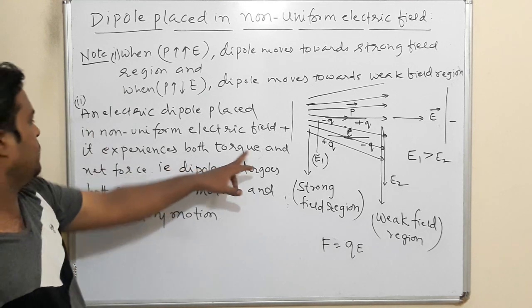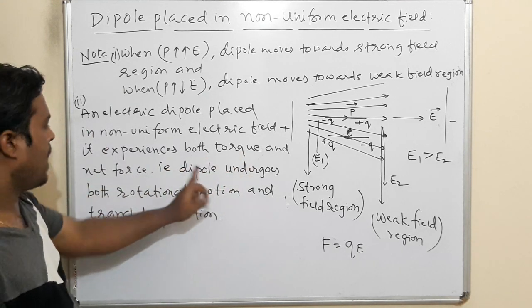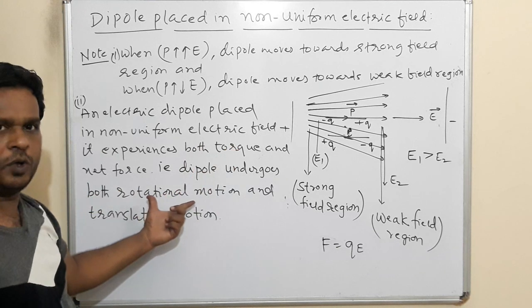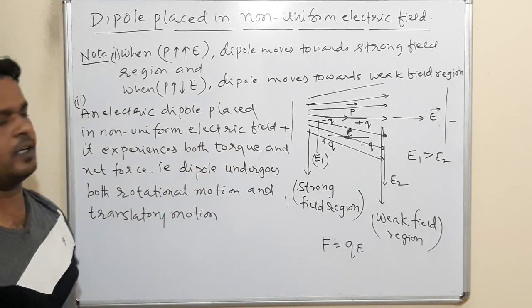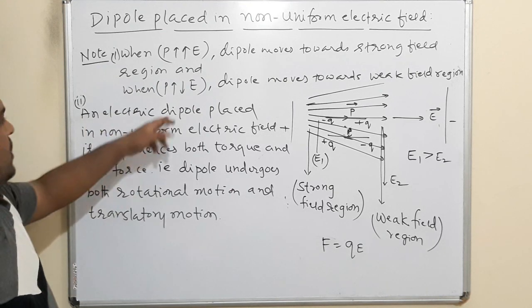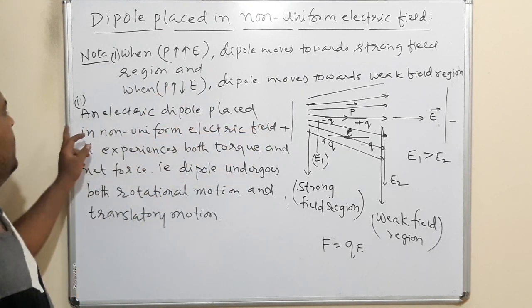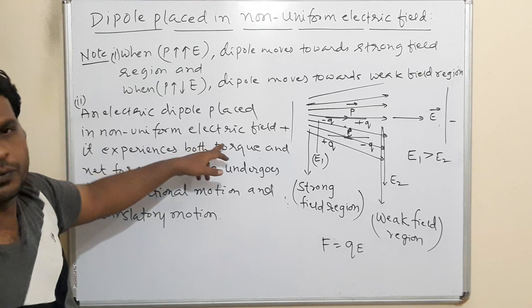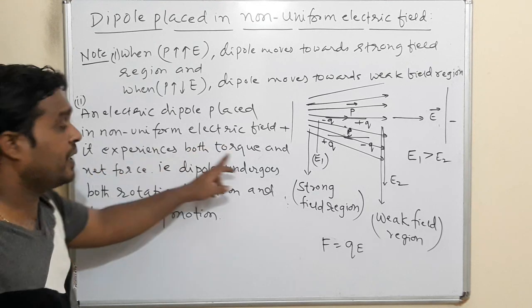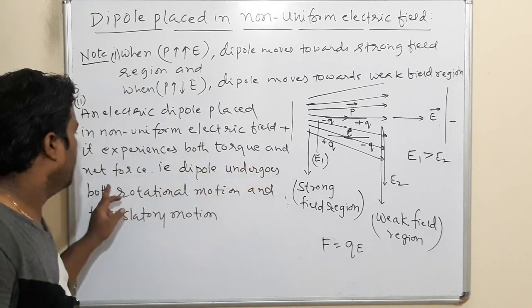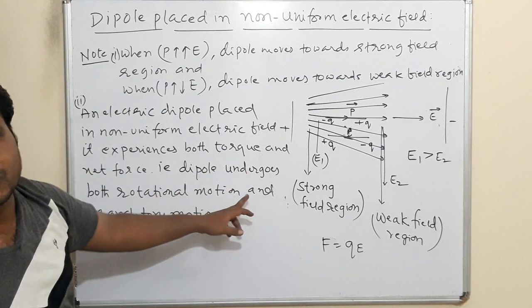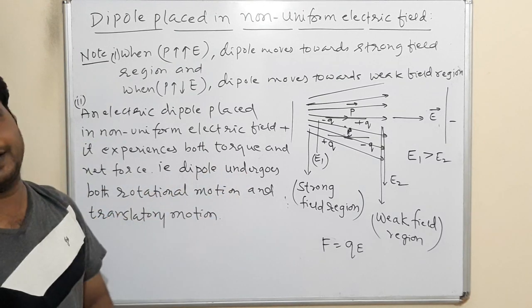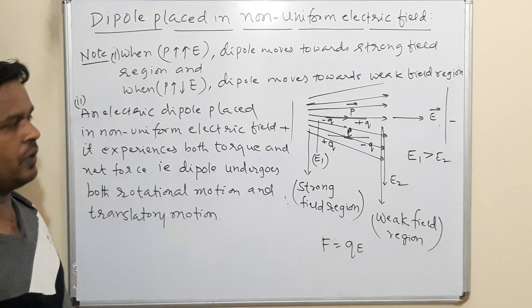It will experience both torque and net force, and because of torque it will undergo rotational motion, and because of net force it will undergo translatory motion. The same case, a dipole placed in a uniform electric field experiences only torque but no net force. Therefore, the dipole shows only rotational motion but not translatory motion. Follow this?